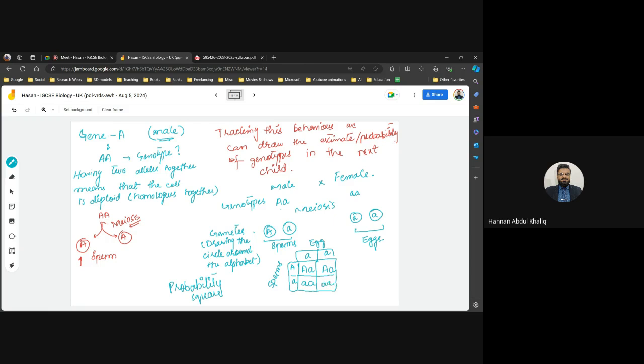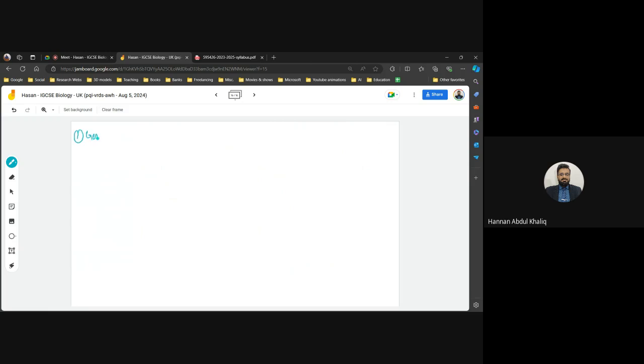So now what are we getting out of it? First thing we are saying, genes shuffle and separate into gametes during meiosis. Second, they reunite in the next generation, but that reunion is totally random.